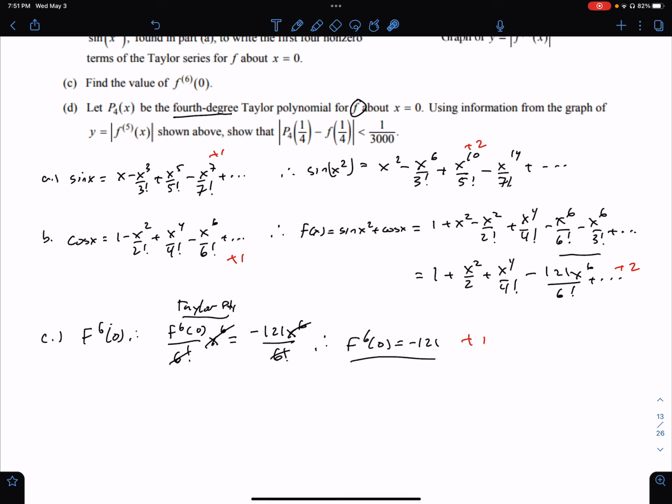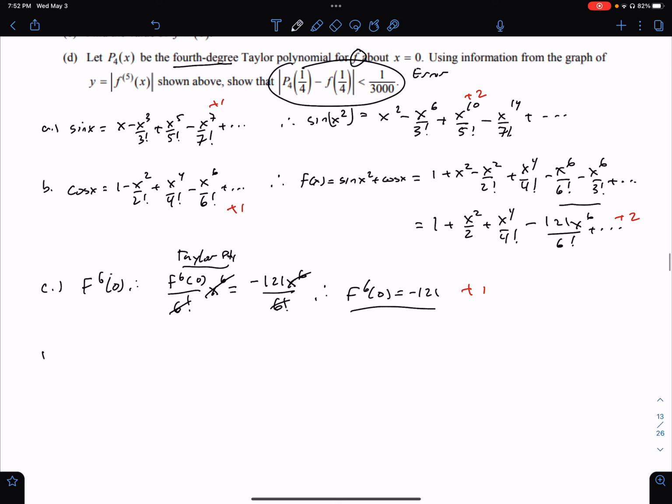Using the information from the graph above, show that the approximate value minus the actual value is less than 1 over 3,000. So this right here is our error problem.